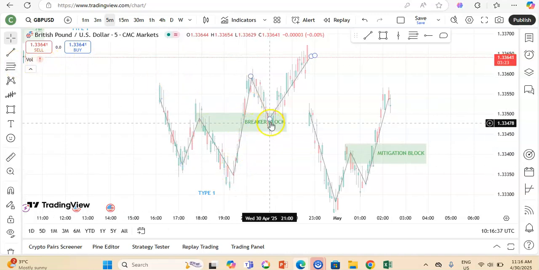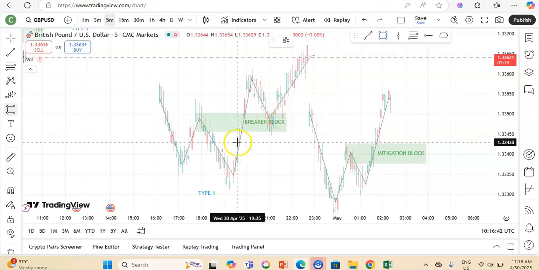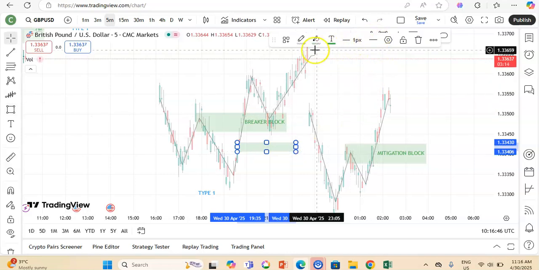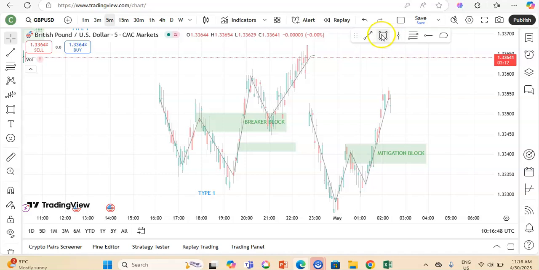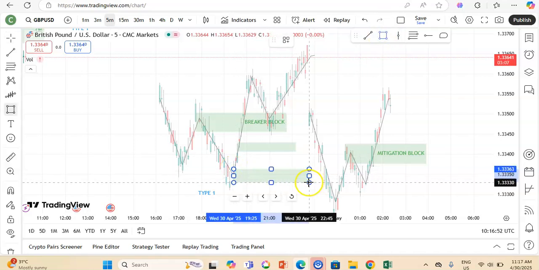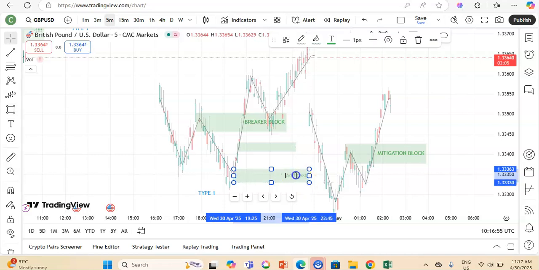Let me say we have a fair value gap here, or we have an order block. Let me call this one order block.